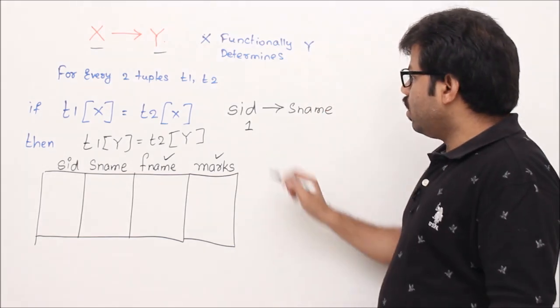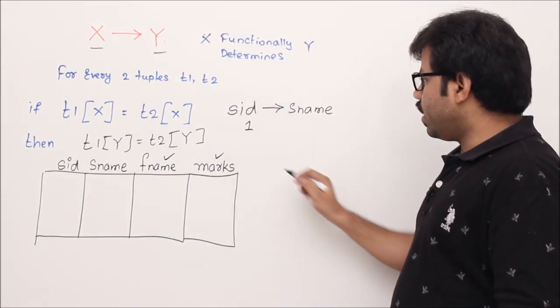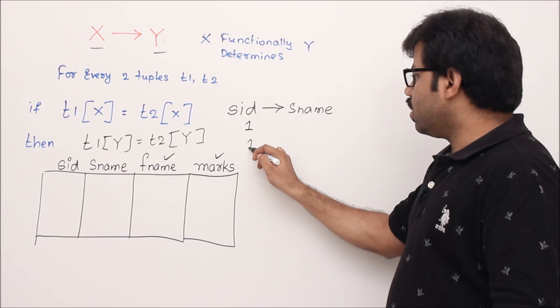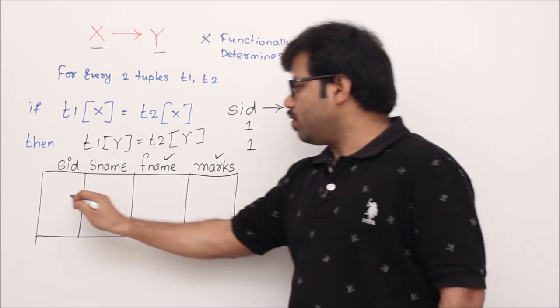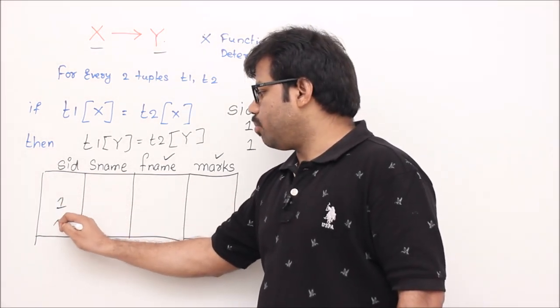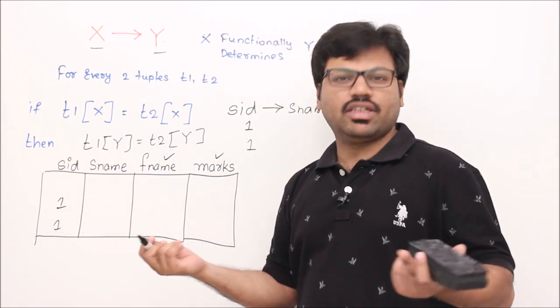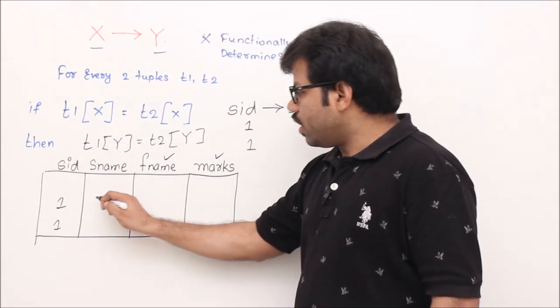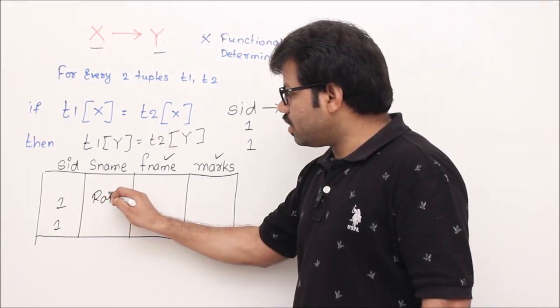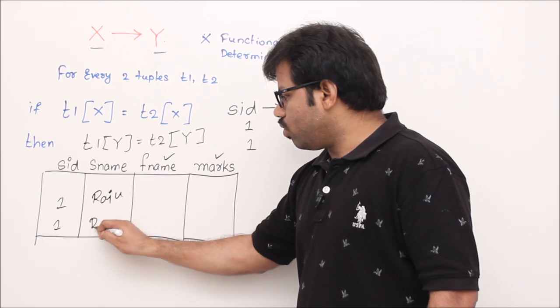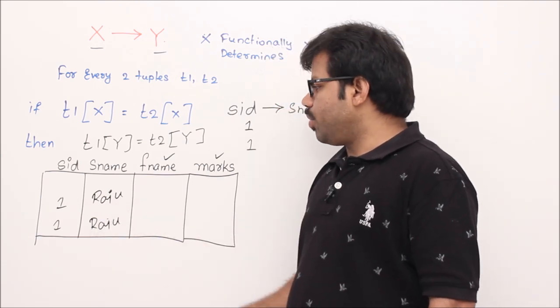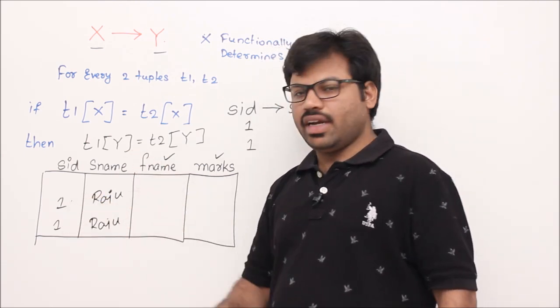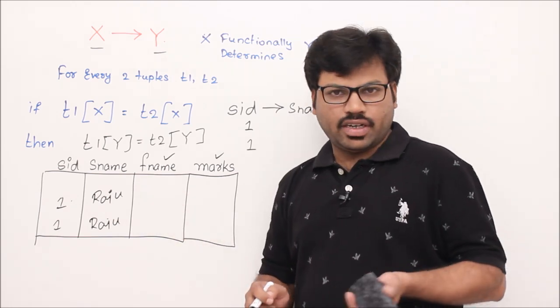Now here, student ID really determines student name. Imagine that there are two tuples in the table where student ID is repeated. Don't ask me why, just imagine. If this student ID is repeated, then definitely the student name, let's say one is Raju, then this one also is Raju, isn't it? That means whenever student ID gets repeated, the student name also gets repeated, correct?